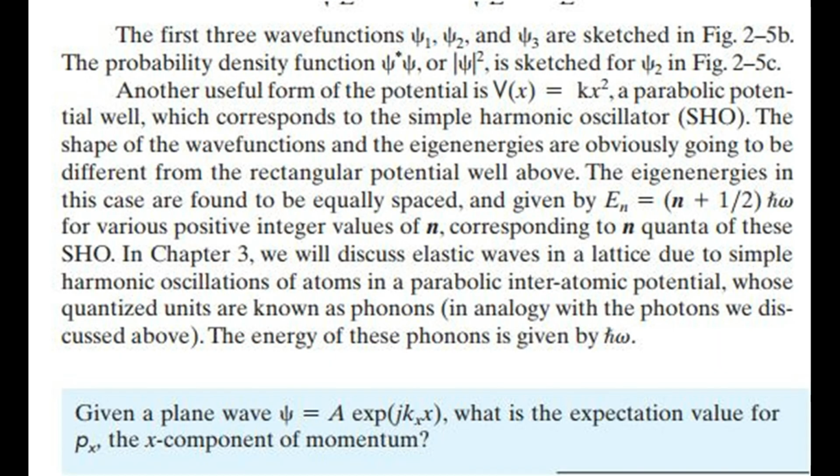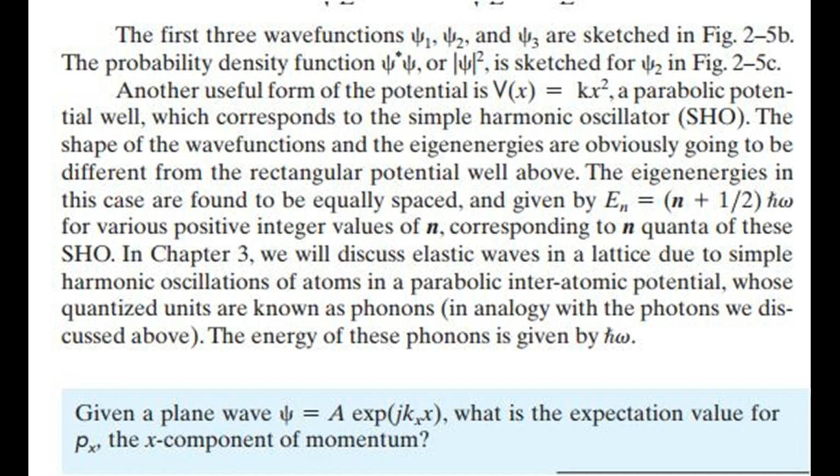In Chapter 3, we will discuss elastic waves in a lattice due to simple harmonic oscillations of atoms in a parabolic interatomic potential, whose quantized units are known as phonons, in analogy with the photons we discussed above. The energy of these phonons is given by ħω.